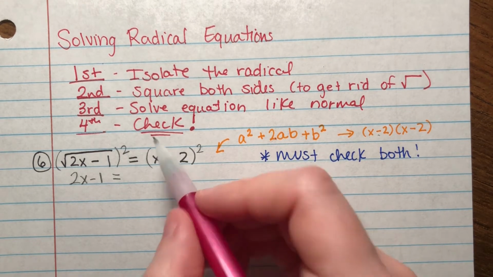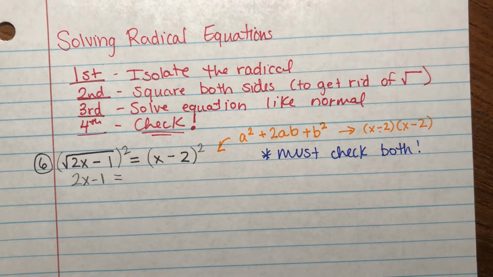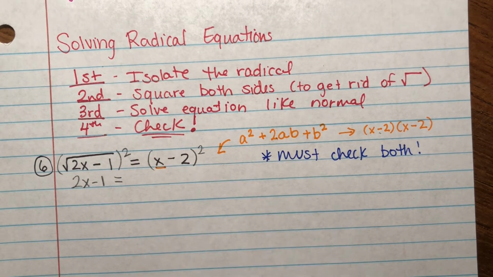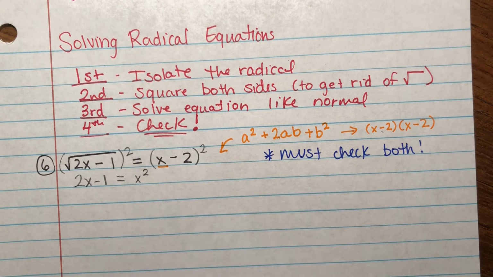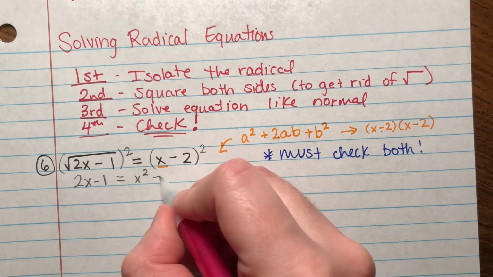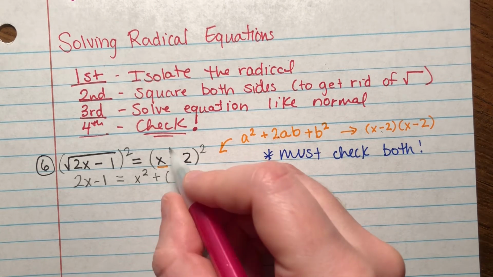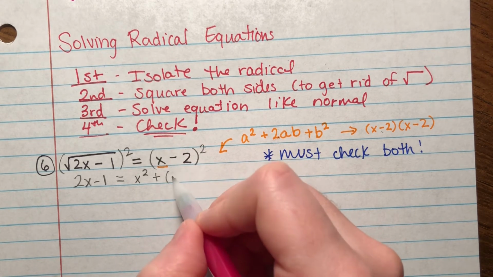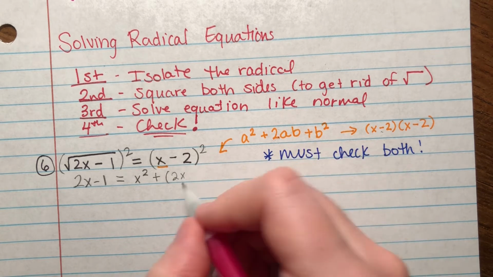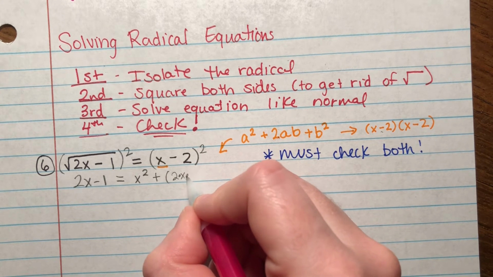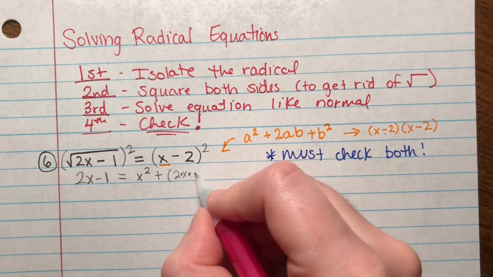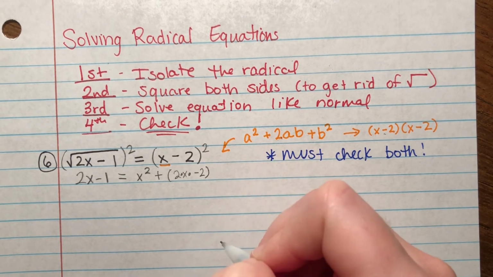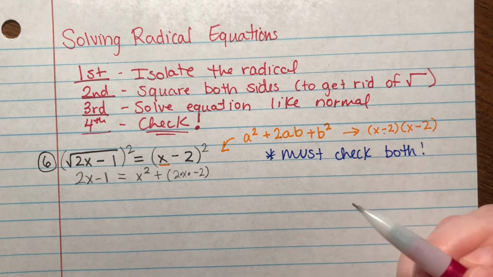So a squared, my a here is x, so a squared is going to be x squared. Then I have plus 2ab, so plus 2 times a, so 2x, 2 times x, times b, which is -2. All right, and then plus b squared.